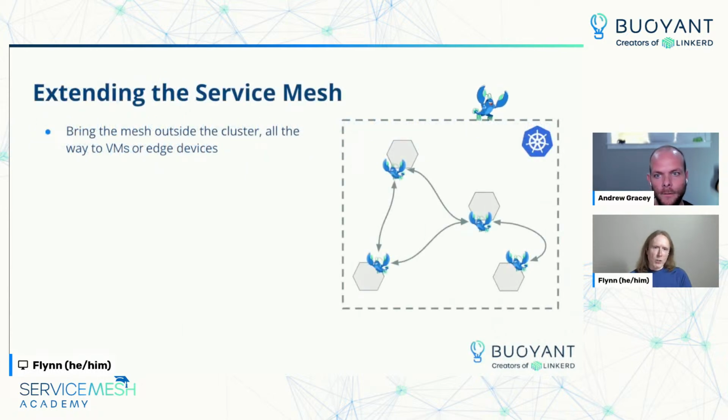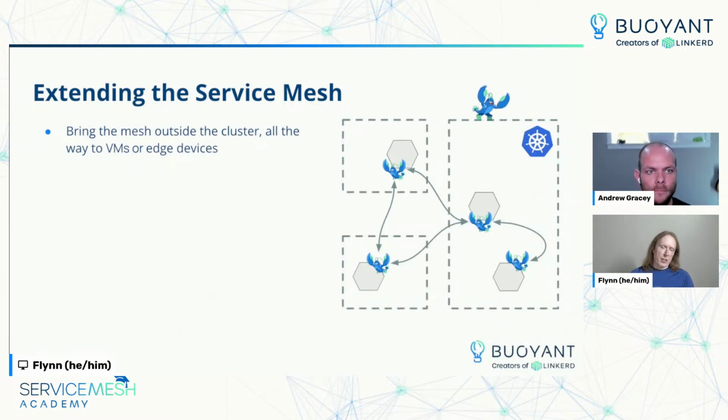It's literally what it sounds like. You take a cluster, and instead of having all your workloads inside the cluster, you set it up so that some of them are just randomly running on Linux boxes. From a very high level, that's all there is to it.